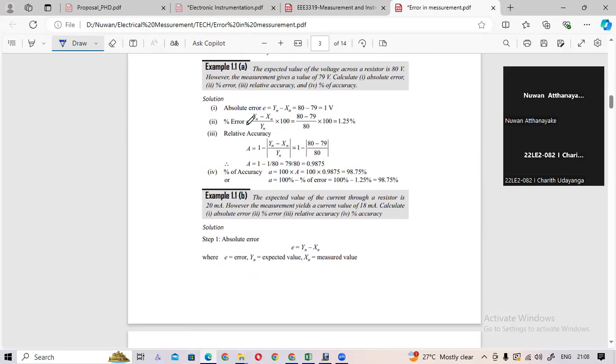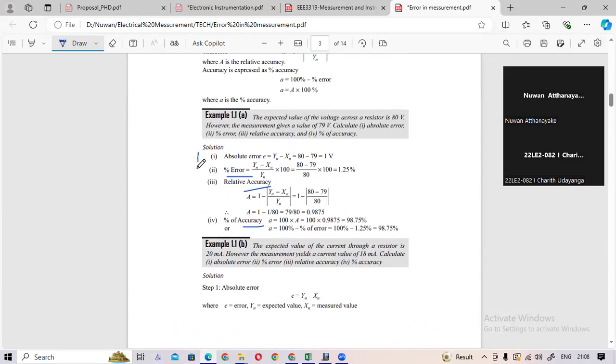If you get the percentage, that is called percentage error, this one. But here you get only the error. This is called relative error actually. So 1 minus relative error is called relative accuracy. And if you get the percentage, it is the percentage accuracy. So these four terms maybe you can calculate easily.